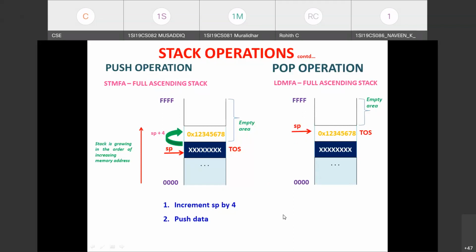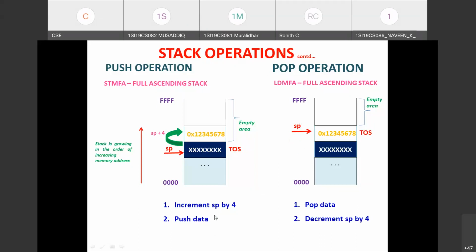So first we need to pop the data, so this data gets popped off, and then we need to decrement SP by 4 so that it points to the next top of the stack, the next data to be removed from the stack. Correct? Just see the push and pop operations performed using the STMFA and LDMFA instructions.